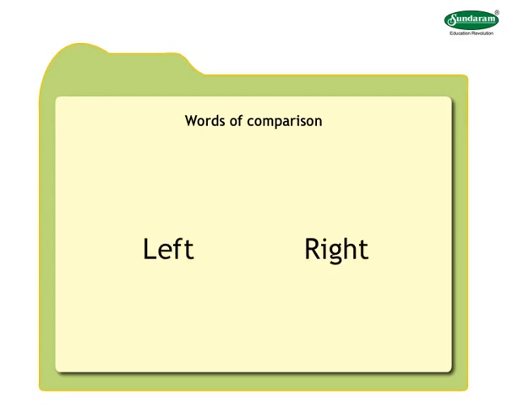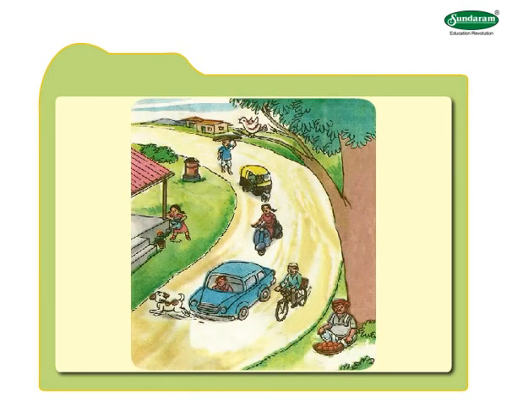Children, I am sure you all are familiar with the words left, right. Now, imagine that you are walking on a road. You can see many people, trees, birds, animals, vehicles. We use many words regarding position of these objects.